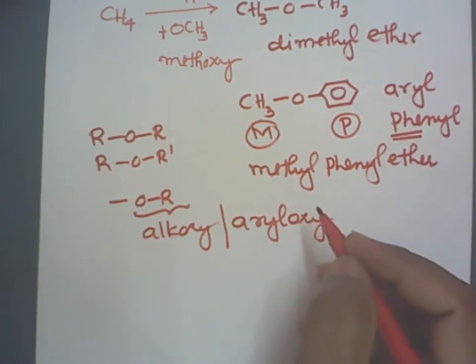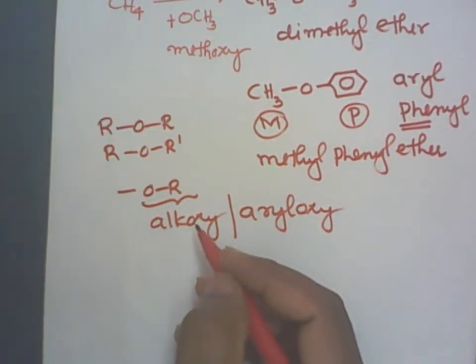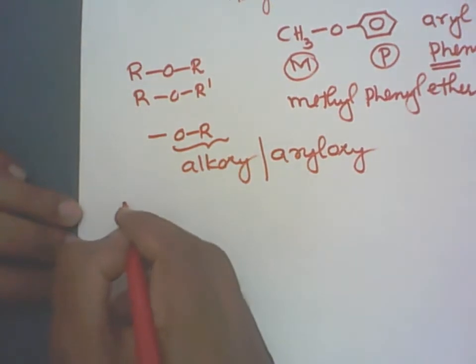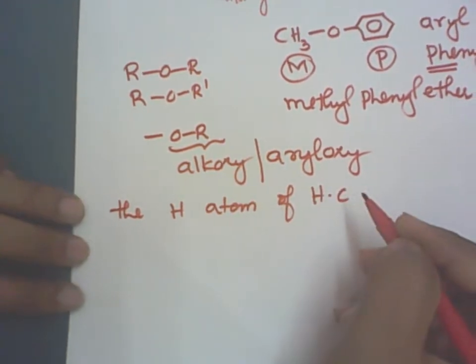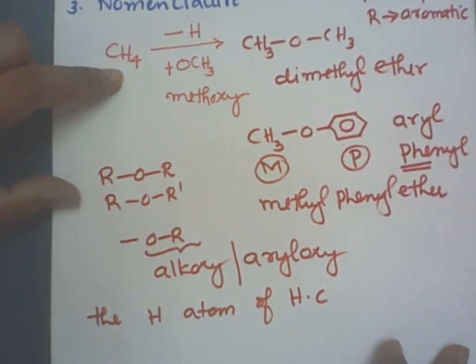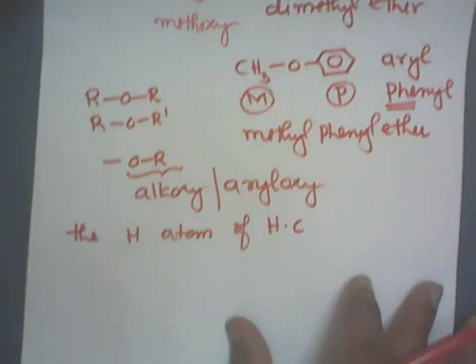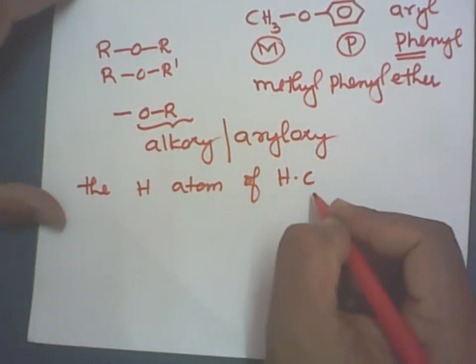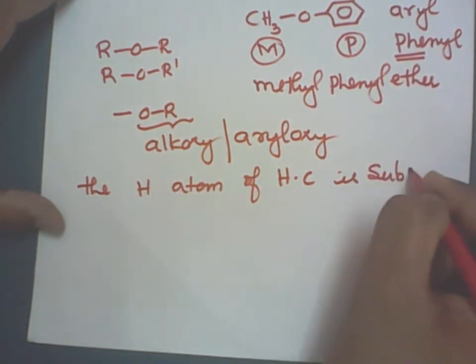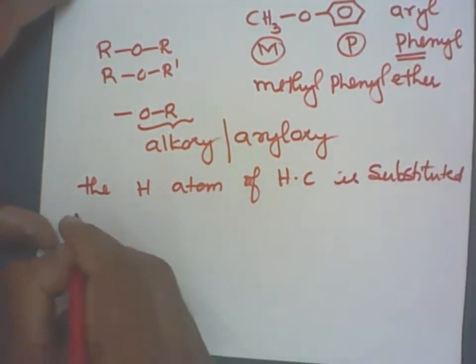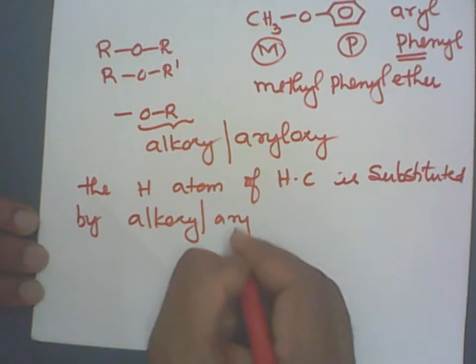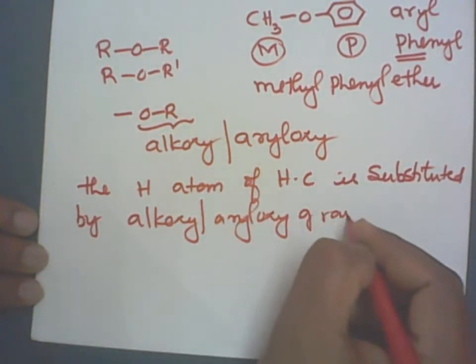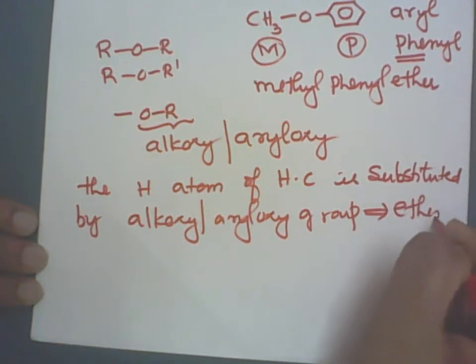So how do we now define ethers? In ethers, there is an ROR group. The hydrogen atom of a hydrocarbon, like that in methane, is substituted by an alkoxy or aryloxy group to give ethers.